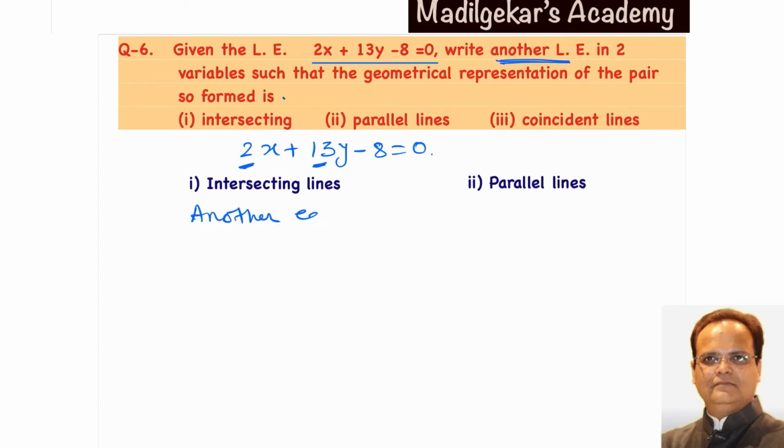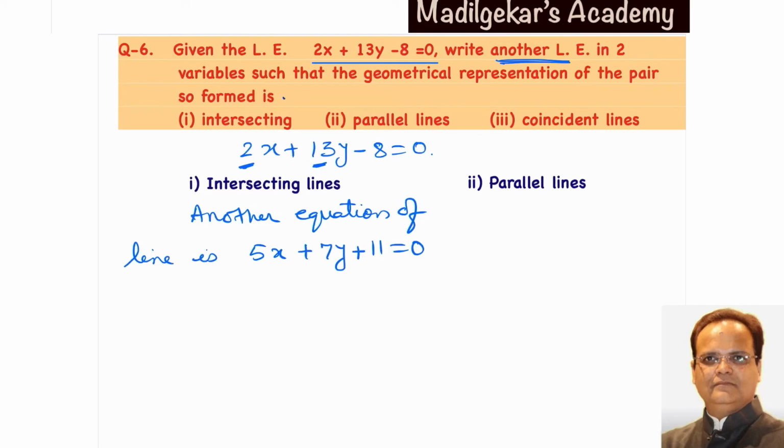Another equation of a line is, you can take 5x plus 7y. The constant can be changed, so let this be plus 11 equals 0.